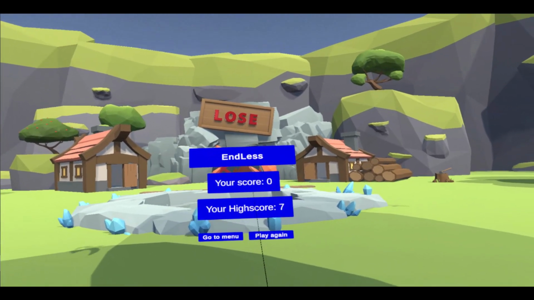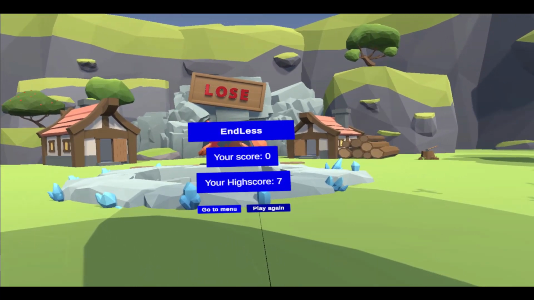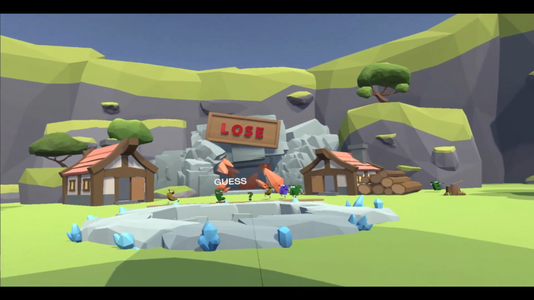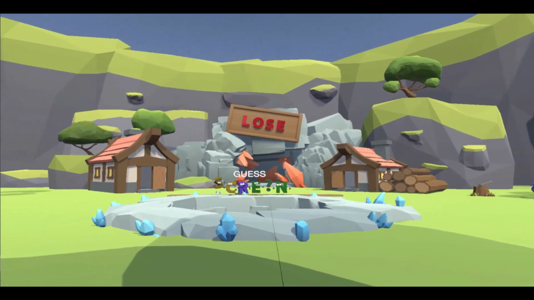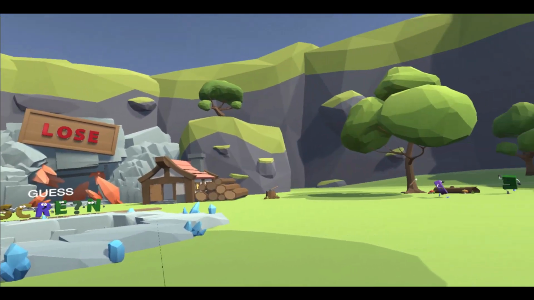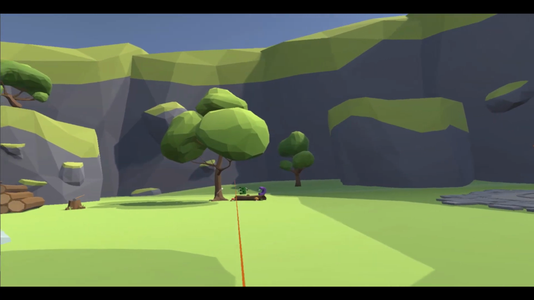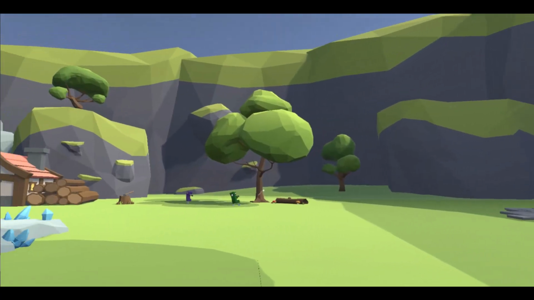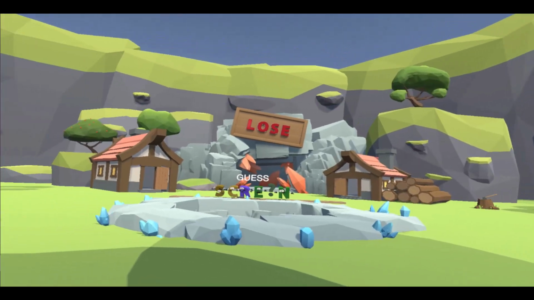Okay, so you can see that I basically got it wrong and I got kicked out. I'm going to play it again, get one right the first time. Okay, so that looks like screen. I can look around me. Again, it's 360 mode. Grab the E.